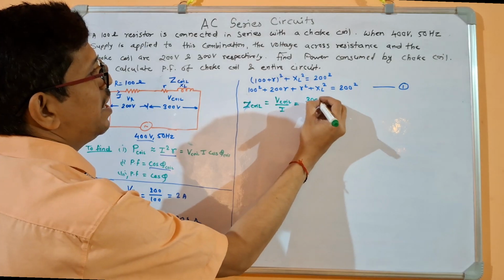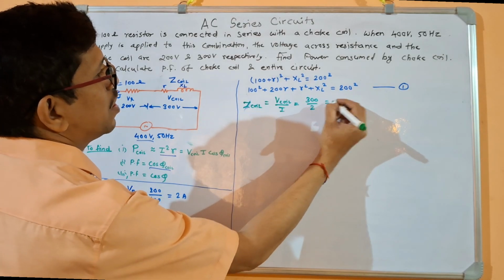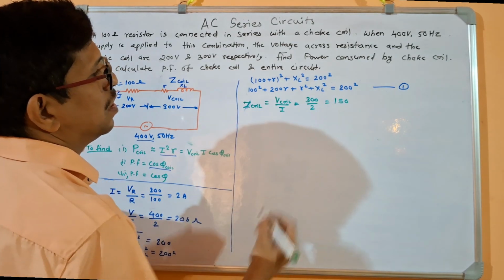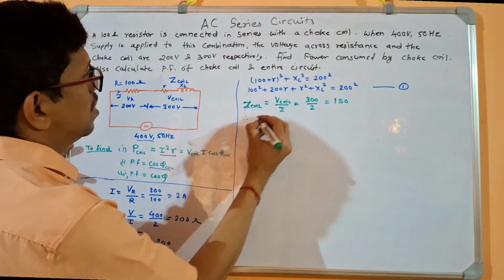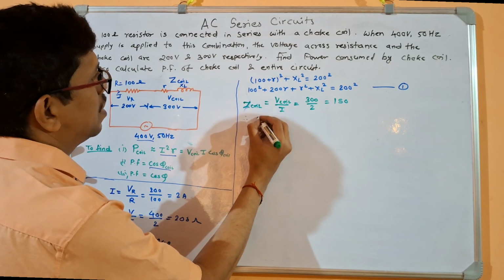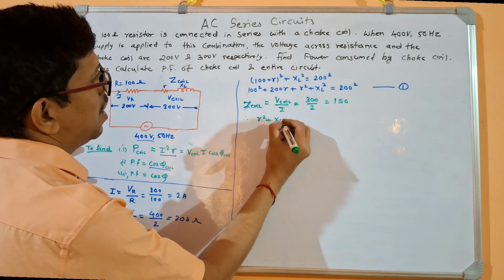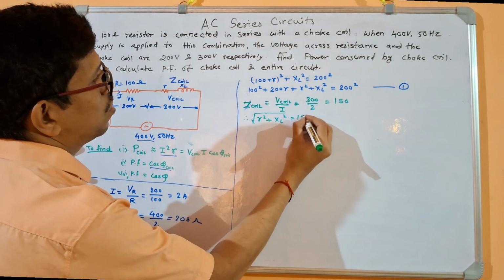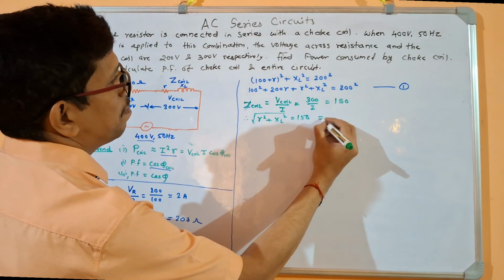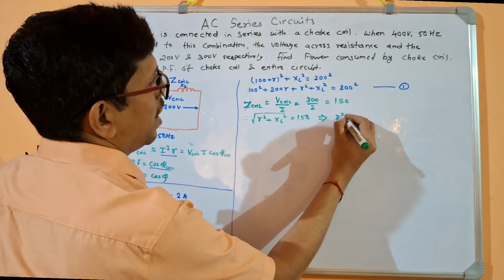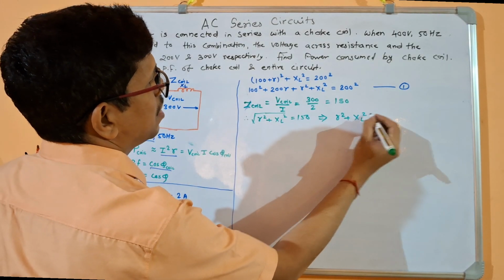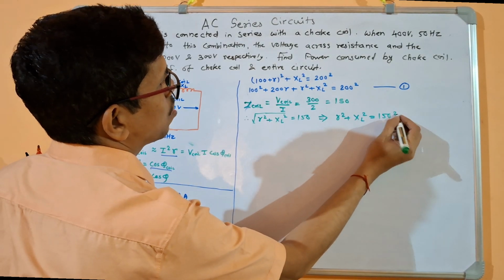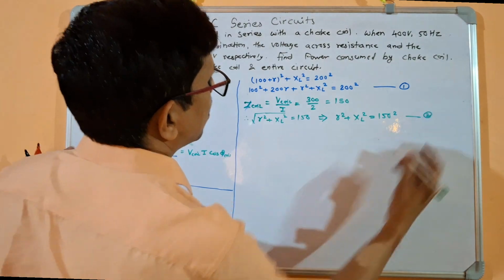So 300 divided by 2 ampere gives me 150. But what is Z coil? Z coil is nothing but the square root of r squared plus XL squared, which is equal to 150, which implies r squared plus XL squared is equal to 150 squared. This is my second equation.